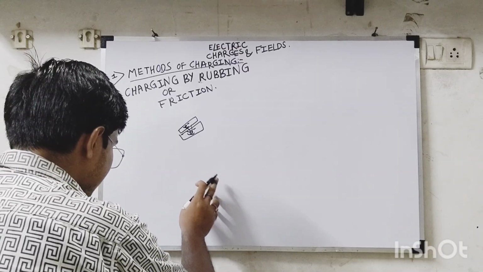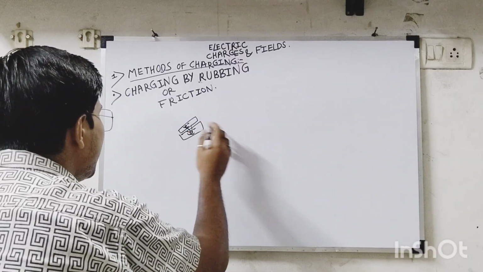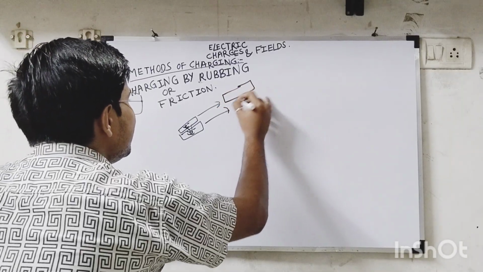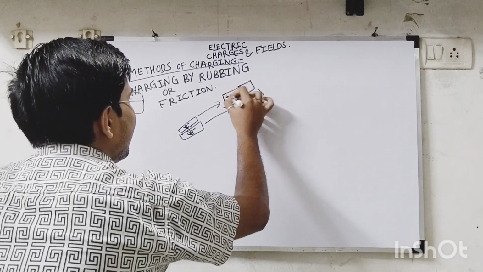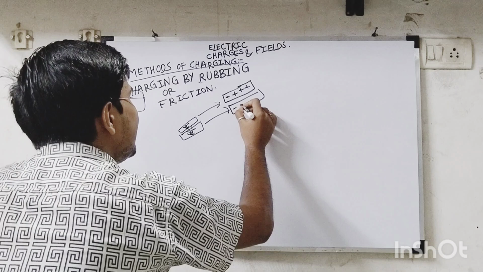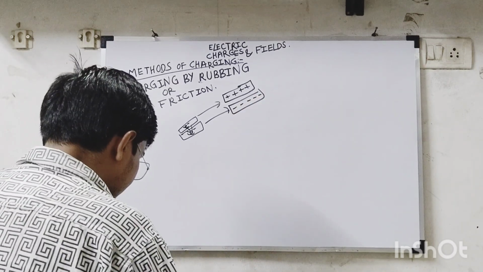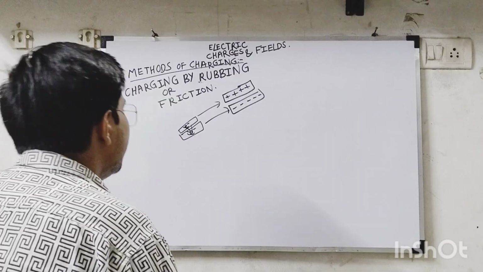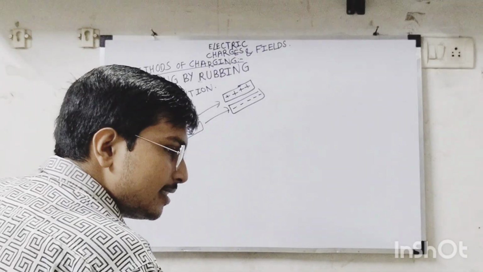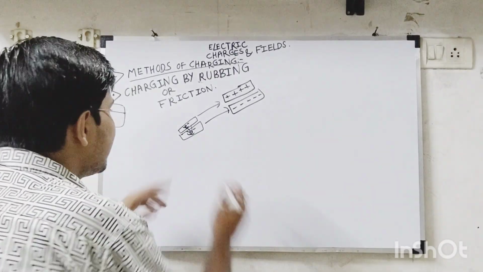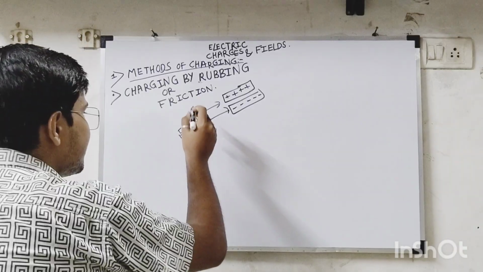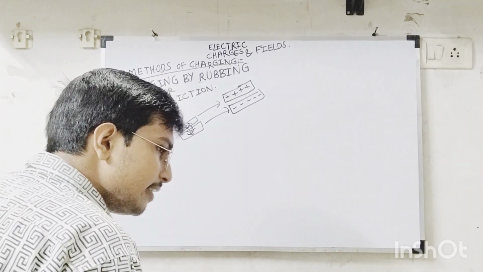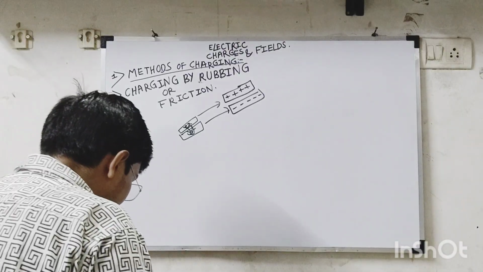Positive and negative charges then appear on the bodies in equal amounts, due to the transfer of electrons. Now you will ask, sir, is there simultaneous transfer of electrons between both of them? Yes, it can happen.